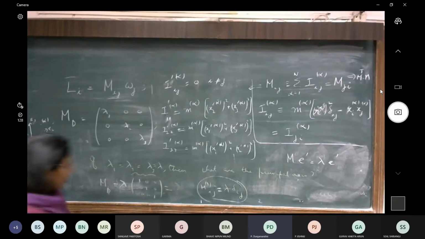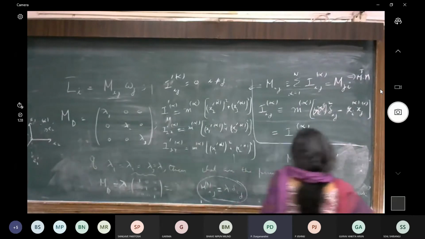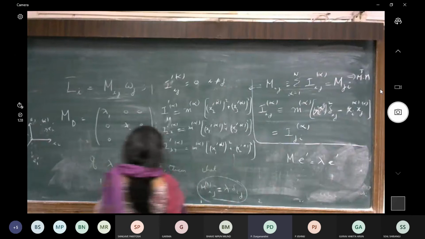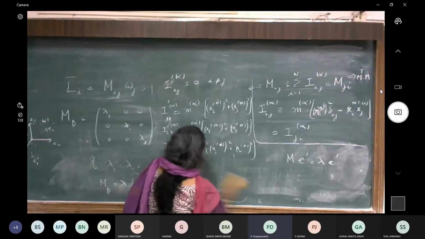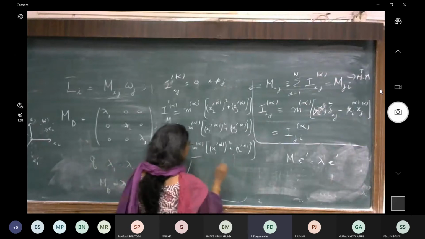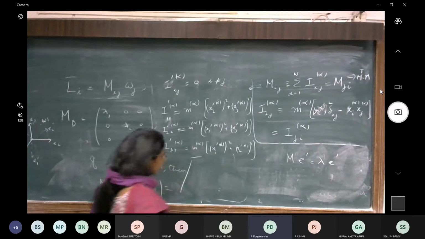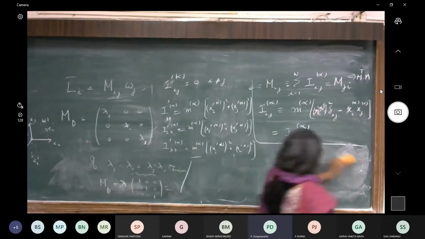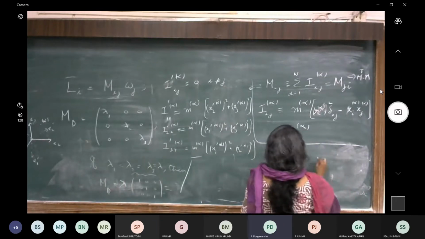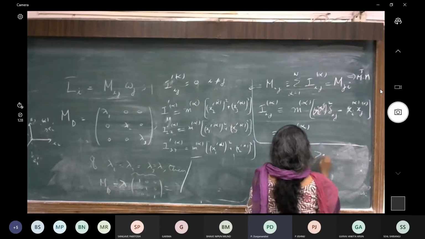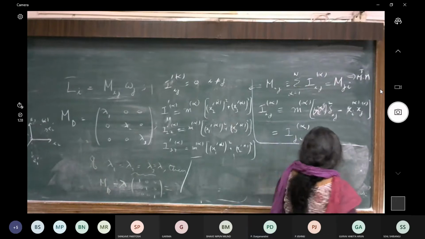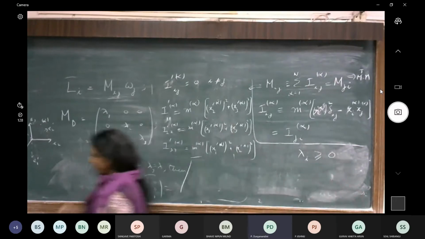Now let's consider one more case. We saw that these moments of inertia, because these are sums of squares, can be, the eigenvalues lambda_i are greater than or equal to 0. Now let's assume that one of the eigenvalues becomes 0.